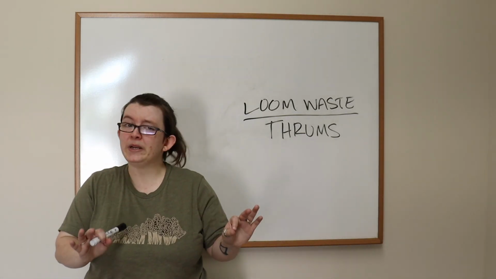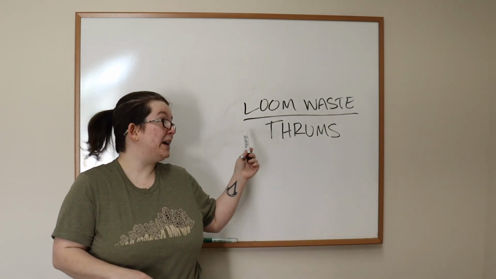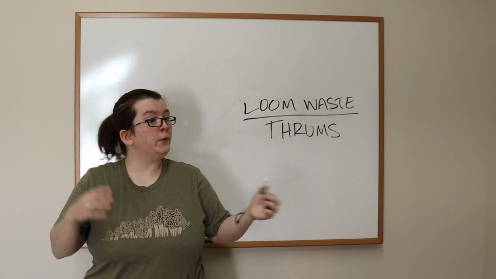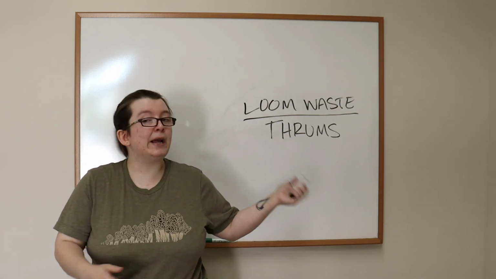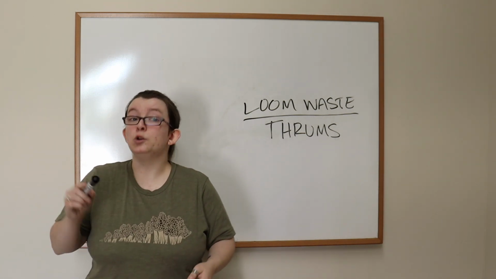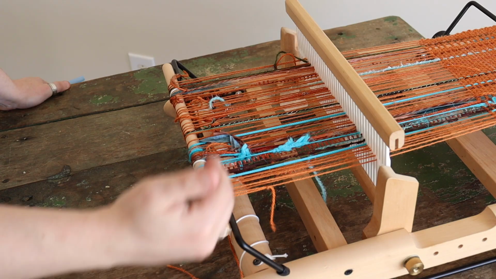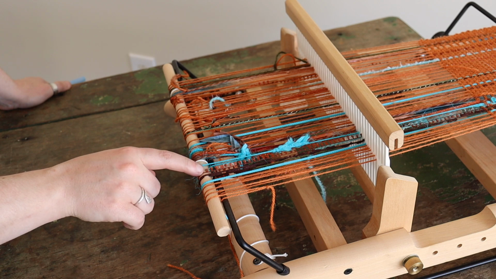Okay, last piece of lingo before we get on to the rest of it is loom waste or thrums. There may be other things that people are out here calling that, and that's fine, but these are the words that I use most often and that I hear most often, so these are the ones we're going to talk about. Loom waste or thrums is the part of your warp that you cannot weave, no matter how hard you try.